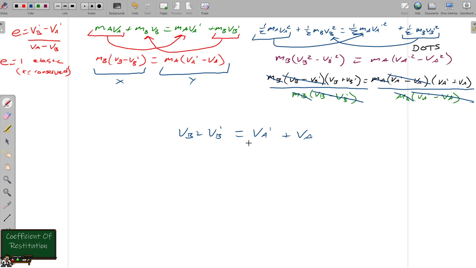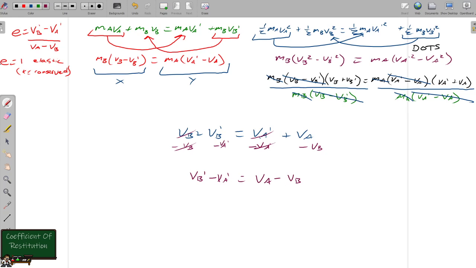And now I'm just going to rearrange this around to bring the final velocities to the same side and the initial velocities to the same side. So algebraically, I'm going to subtract VA prime from both sides and subtract VB from both sides. So the VA primes here cancel out, the VB primes here cancel out, and leave us with VB prime minus VA prime equals VA minus VB.